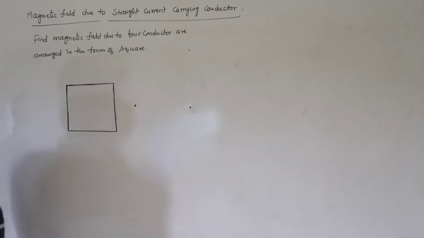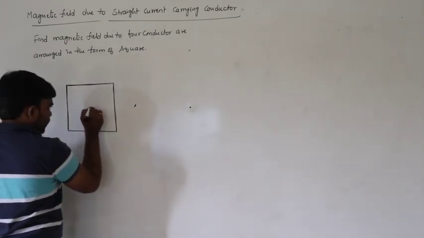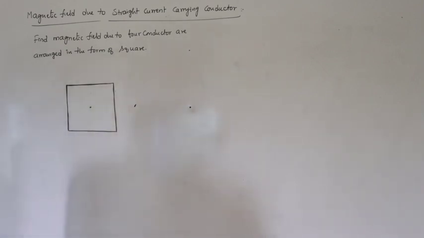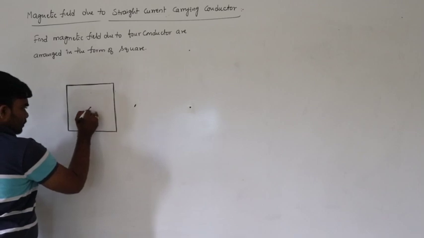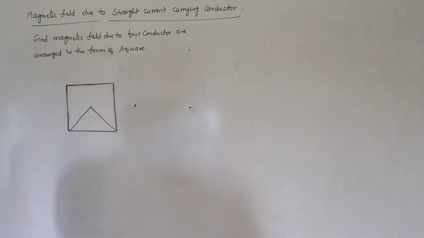So 4 current carrying conductors here. Now we have to calculate the magnetic field exactly at the center of the square, like this.